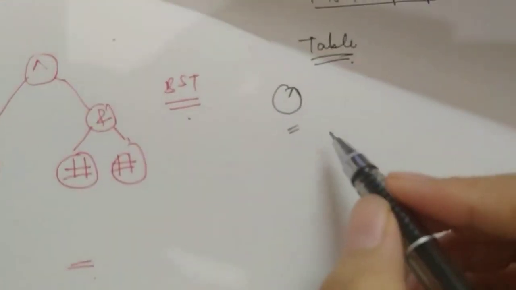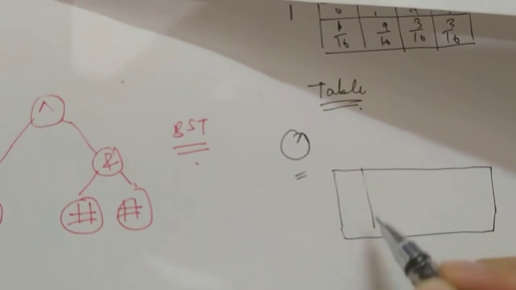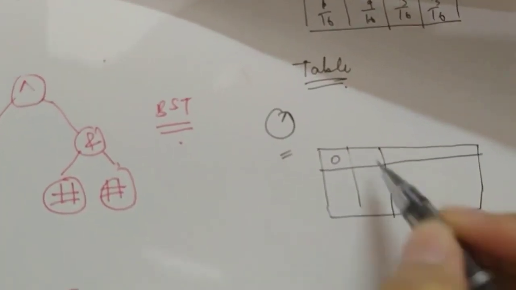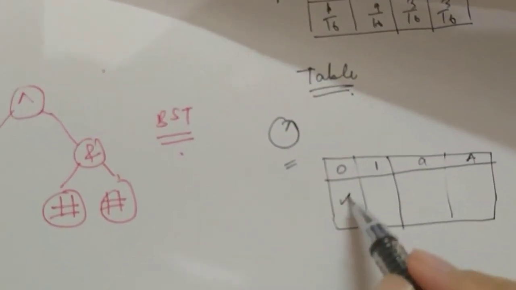First we need to find the final probability of getting 0, 1, small a and capital A. For 0, let's look into the table.